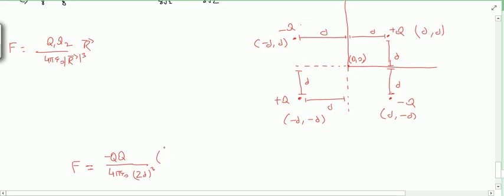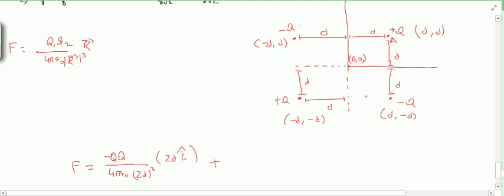The r vector will be force location minus source location. I'm finding at this point, suppose this point is A, so force location minus source location, d minus of minus d, it will be 2d a_x cap, and the y component will get cancelled. Here the answer is given in the format of i j k, so I can write 2d i cap in fact.